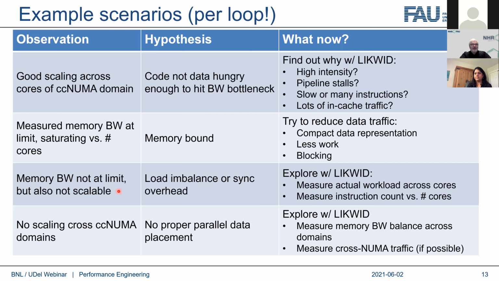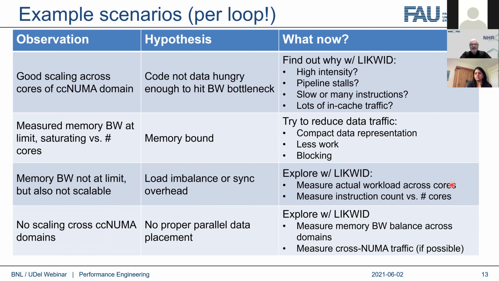Another scenario, the memory bandwidth is not at the limit, so I'm far away from the memory bandwidth limit, but the code is also not scalable. So the limit cannot be the memory bandwidth, so it's not bandwidth bound. Typical hypothesis would be load imbalance. It could also be synchronization overhead. Okay, stuff that's not doing anything for solving the problem. I could explore that with LIKWID.